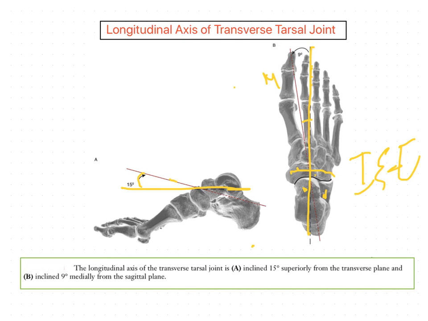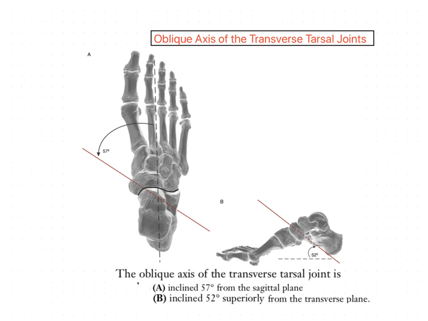Now we will see the oblique axis of the transverse tarsal joint, which we can also call the transverse axis. This axis is approximately 57 degrees medial to the sagittal plane.